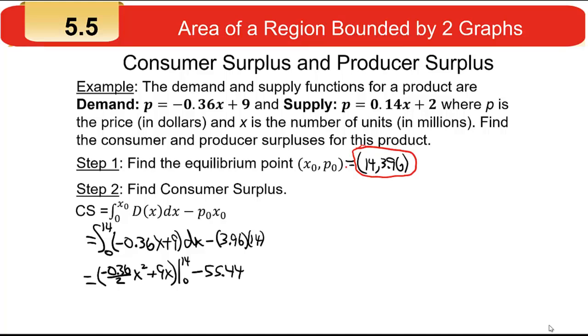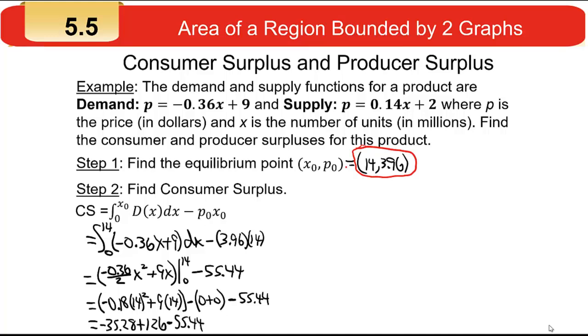So now we've got to evaluate that expression. You want to plug 14 in for x, and you're going to square it, plus 9 times 14. Notice when you plug in 0, everything zeroes out, so you don't have to worry about that. And then at the end, you've got that minus 55.44.